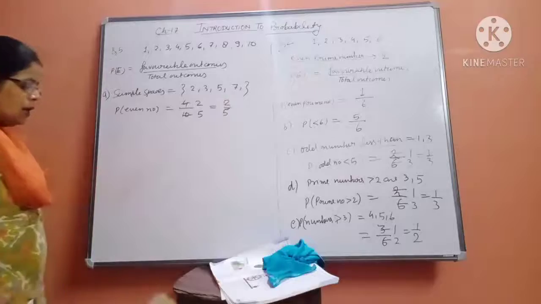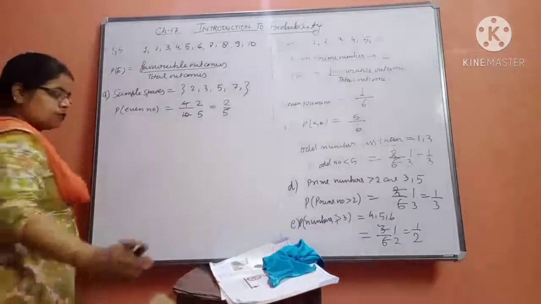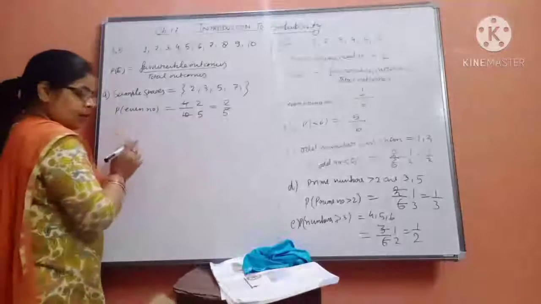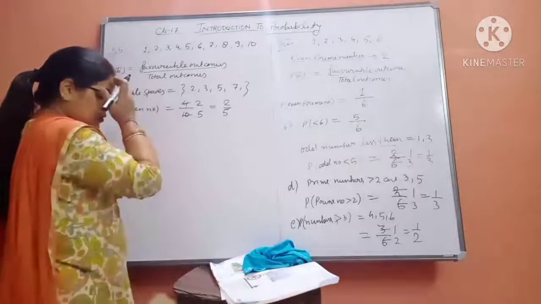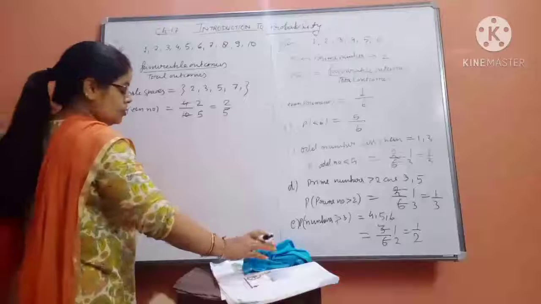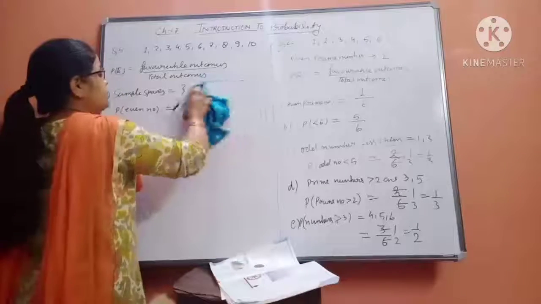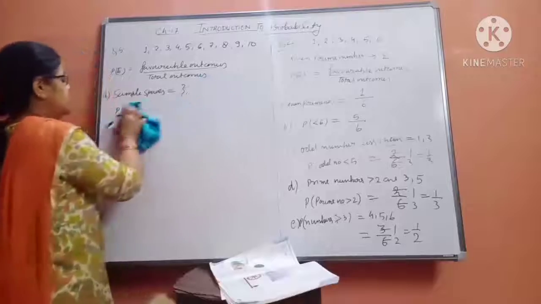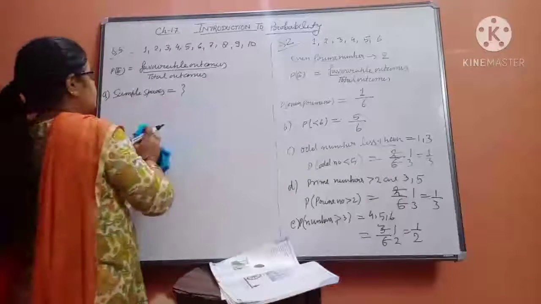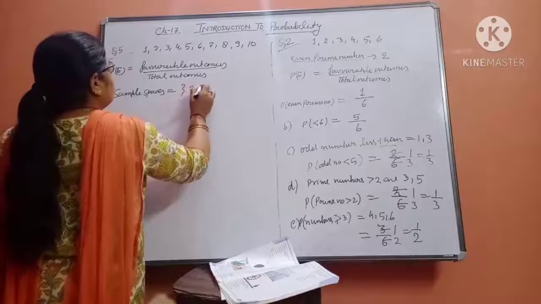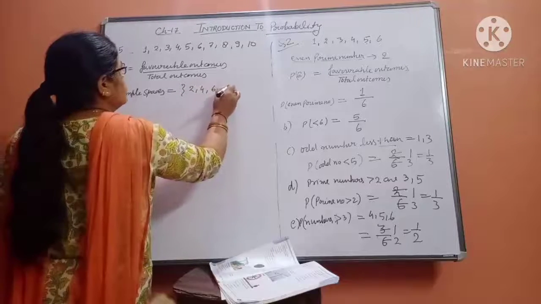Now see that next part of the question is an even number. Sorry, not prime number, I have written prime number by mistake. So sample spaces for the even number: even numbers will be 2, 4, 6, 8 or 10.